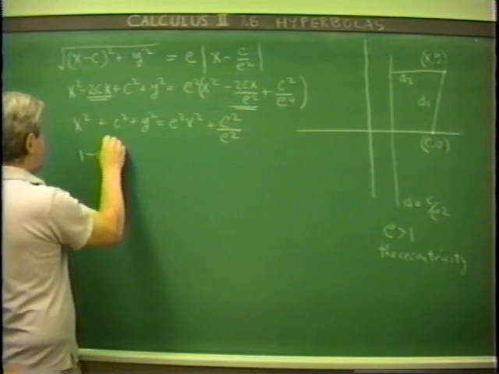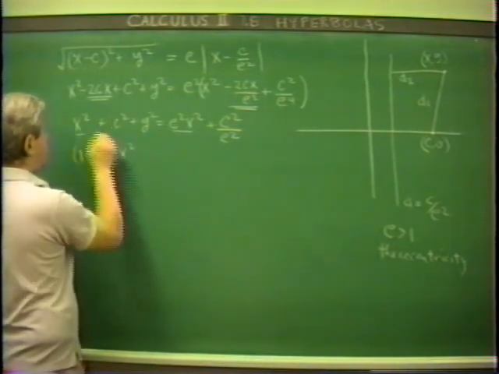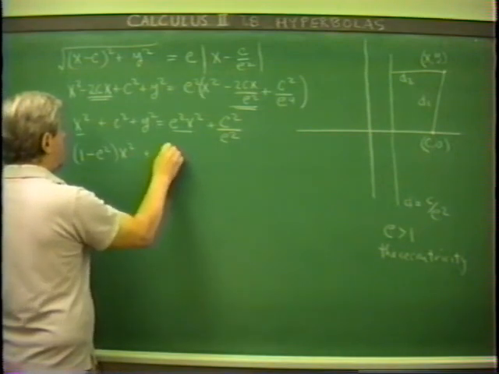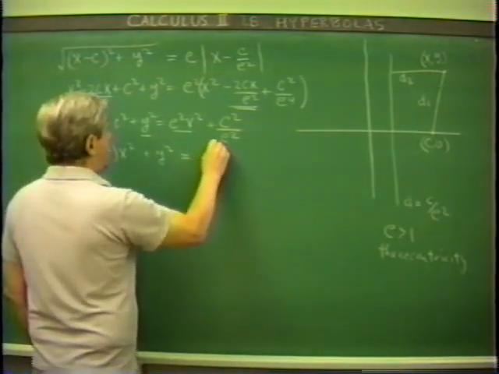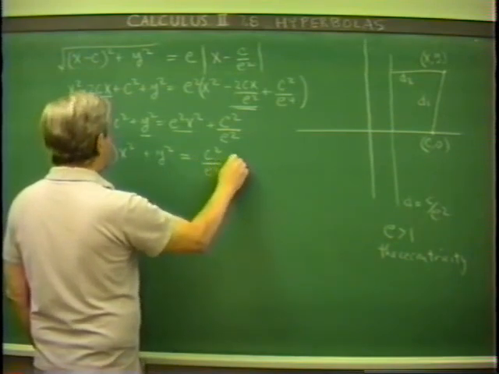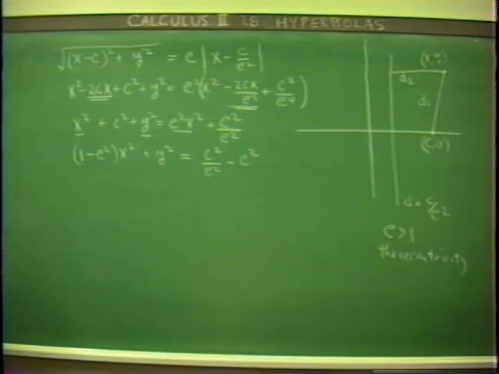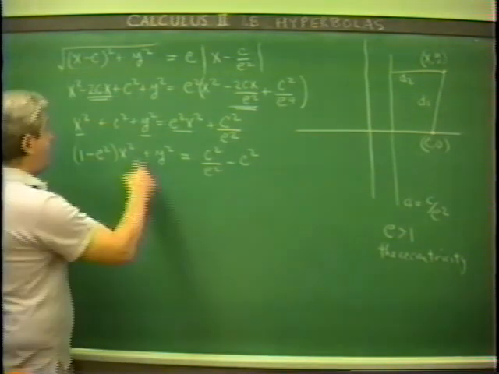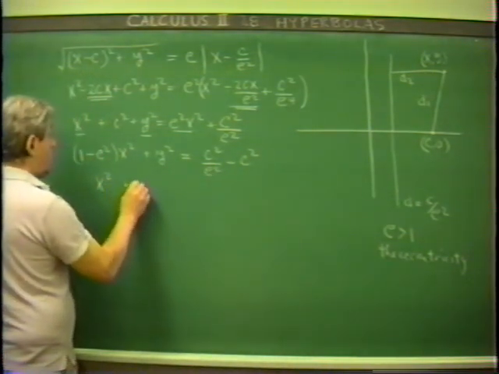Collecting the x squared terms to the left-hand side here, we get 1 minus e squared times x squared, that's these two terms, plus y squared is equal to c squared over e squared minus c squared. Right?